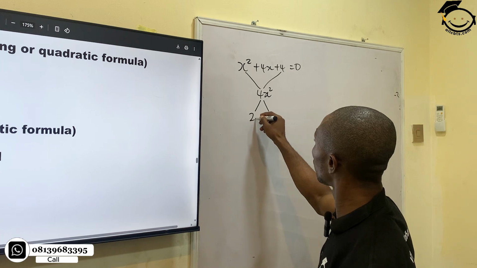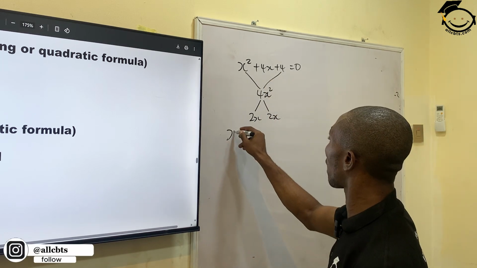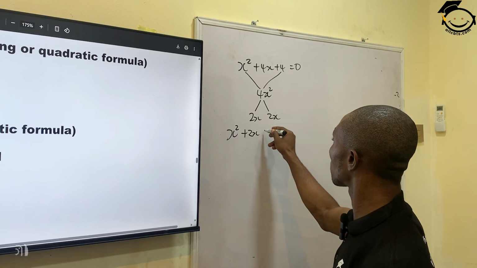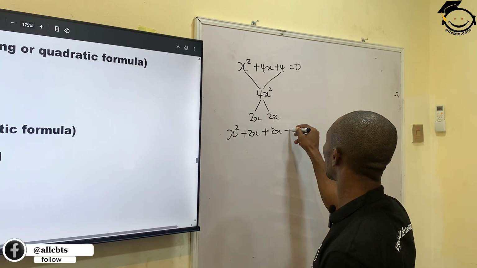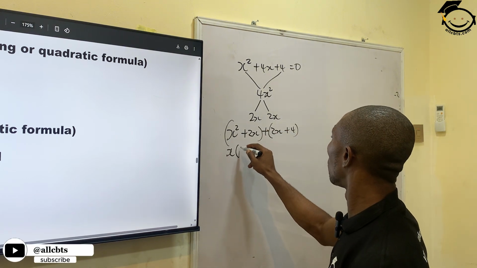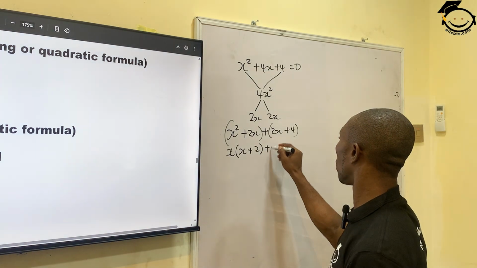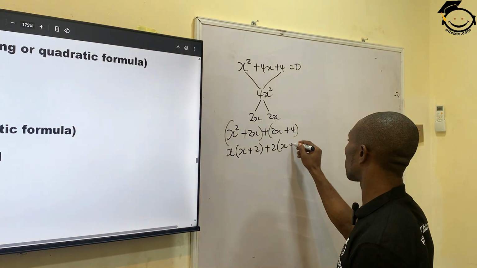So this will become 2x and 2x. Replacing this here, this becomes x squared plus 2x plus 2x plus 4. So x is common, x plus 2, and 2 is common, x plus 2.